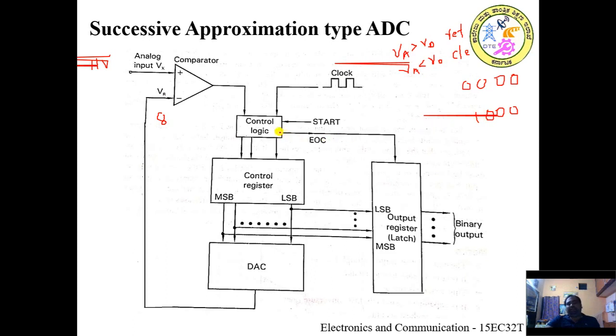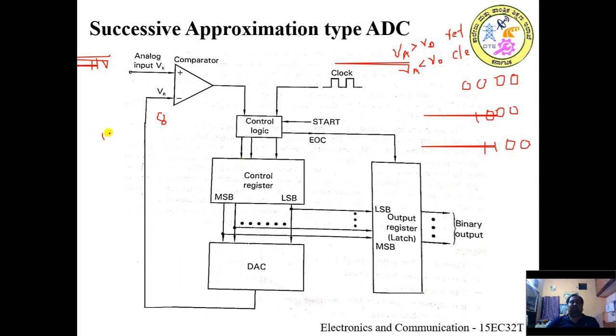Next, the control logic, in the next step, will set the second MSB bit. The first MSB bit was retained, and when the second MSB bit is set it becomes 1100. With 1100 the DAC converts its value to an analog value, which will become 12.